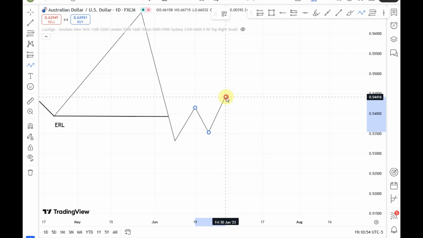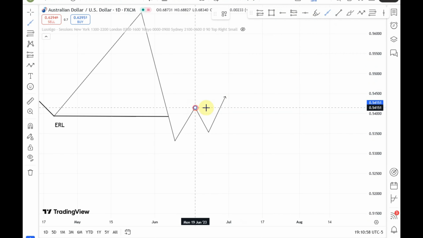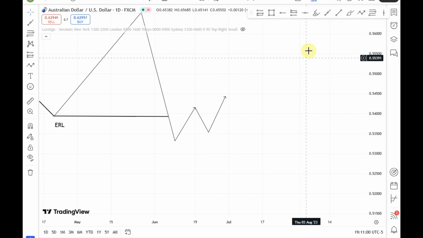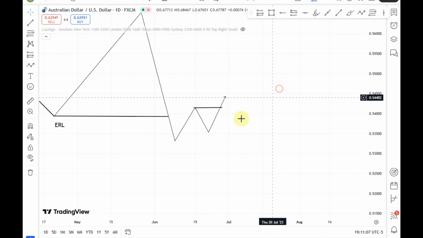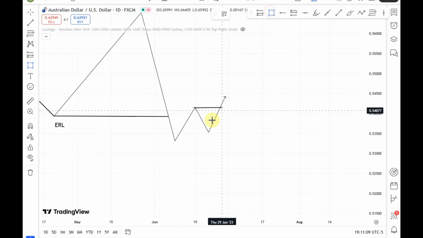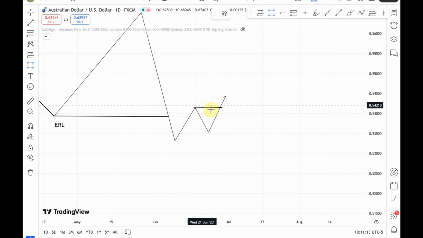So I get this market structure shift right here. After having that, I look for a fair value gap or order block from this market structure shift that has occurred here.